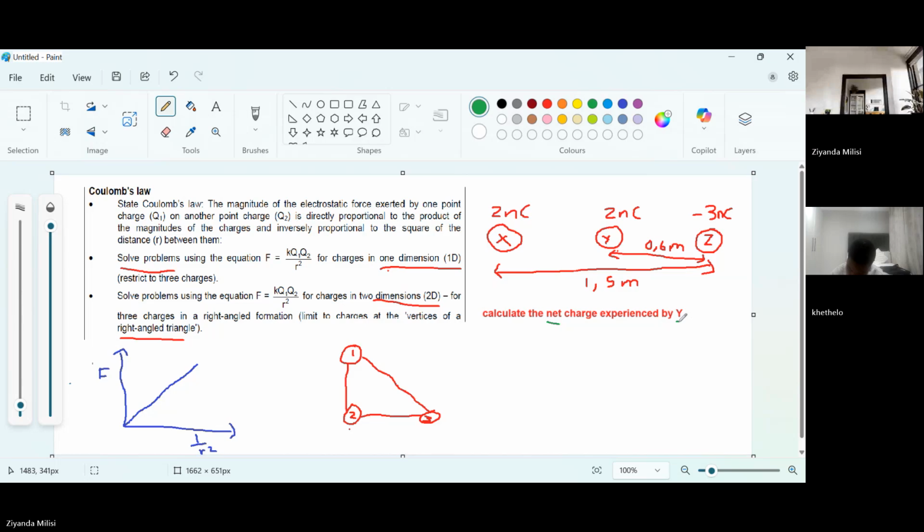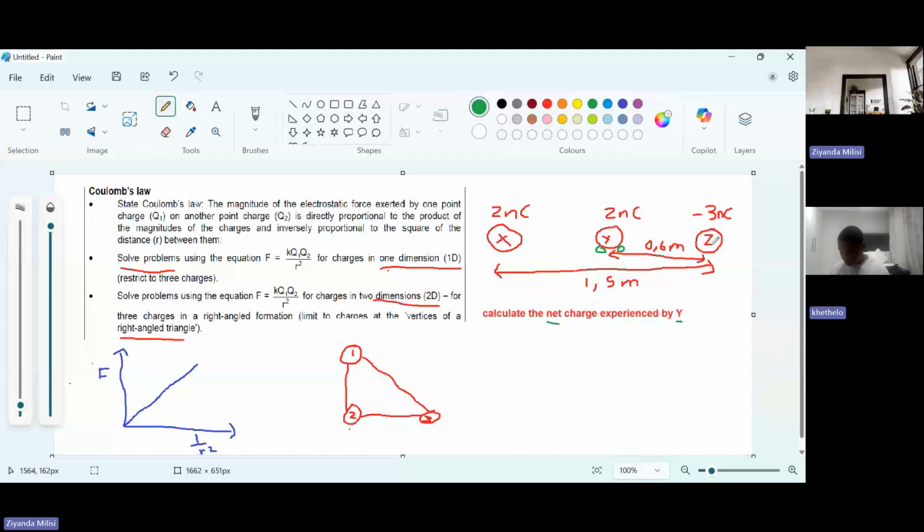By Y, it means charge Y is the moving one. It's a roving charge. These others, X and Z, are fixed. They do not move. They will not move towards Y or away from Y, or be attracted or repelled by Y. They are fixed. Only Y here will be a moving charge.